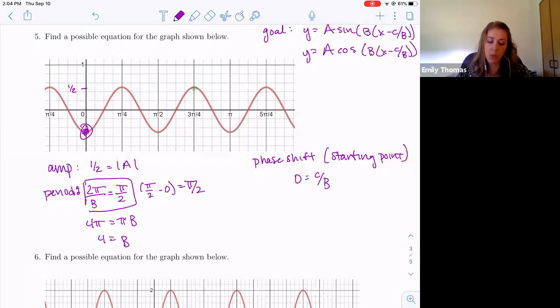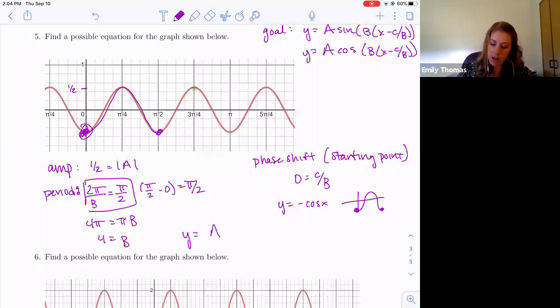Okay. So what function looks like this in one period? That would be negative cosine x, right? Y equals negative cosine x. It would start at -1, come up, and then go back down, right? So here we are looking at y equals a cosine of b x minus c over b.